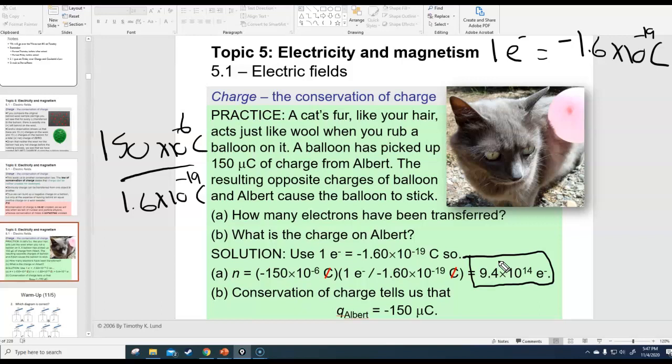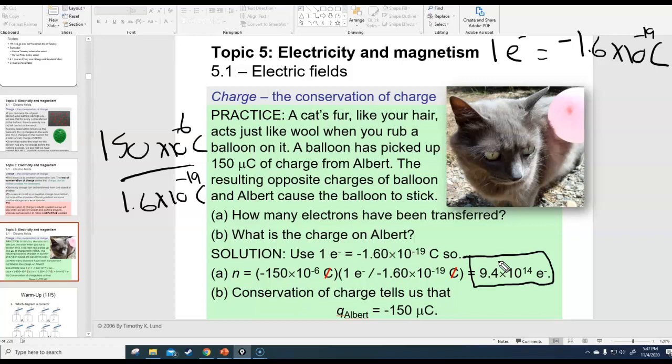Notice that before you rub the balloon on Albert, the overall charge in the situation was 0. So if the balloon has gained 150 microcoulomb from Albert, the net charge must still be 0. If the balloon is now positively charged, that means it lost electrons, and that same number of electrons must be on Albert the cat.